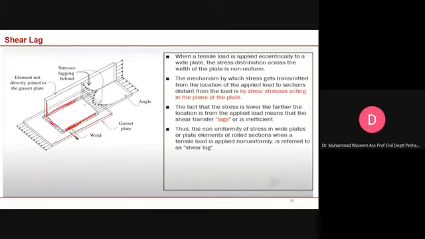So what will happen is that when the load is applied, this member is fully stressed, and this part of the member will not be fully stressed.